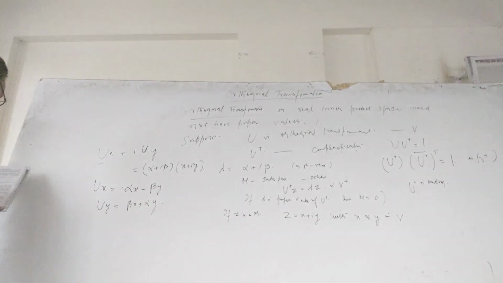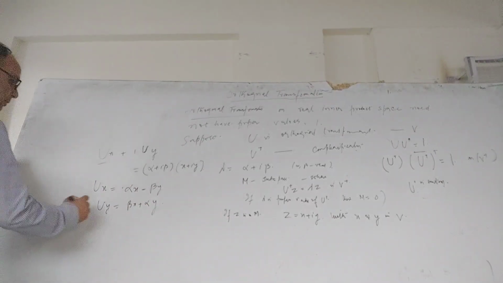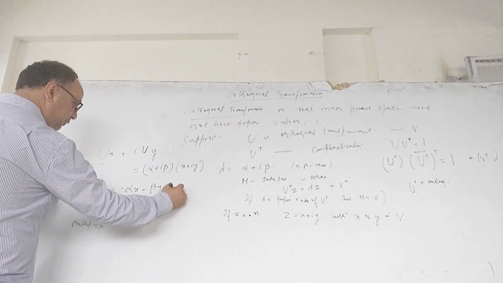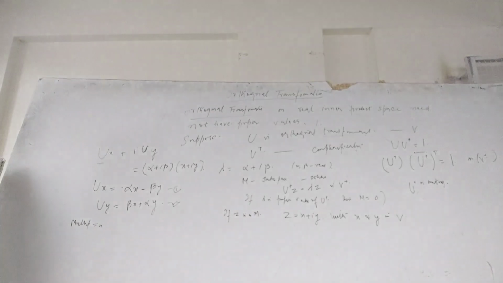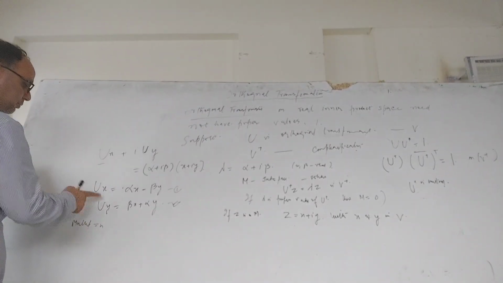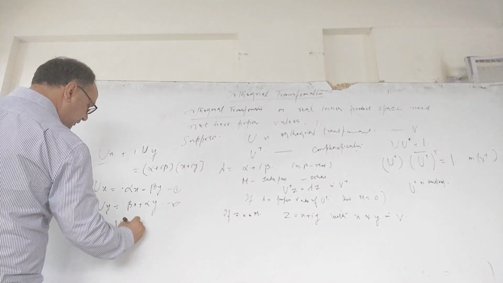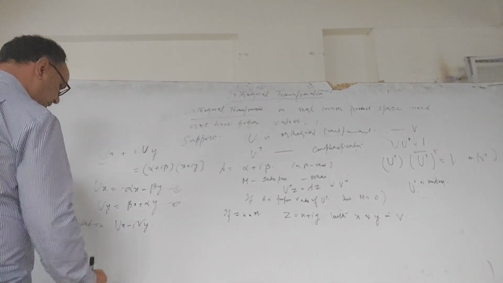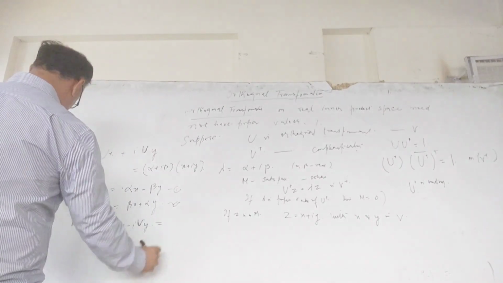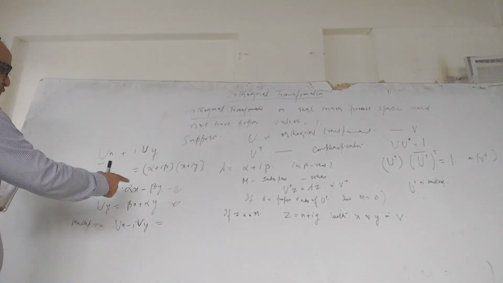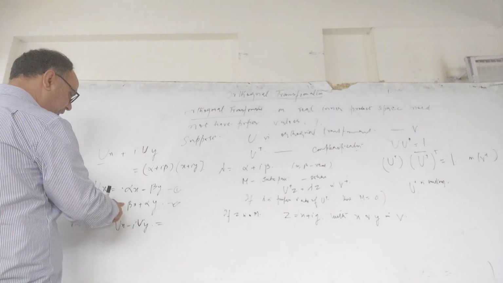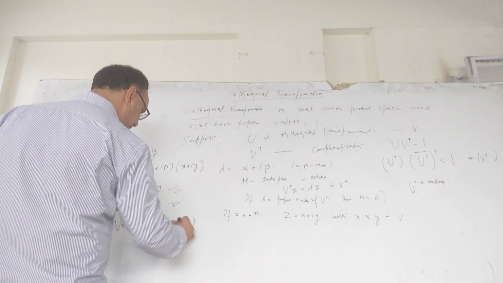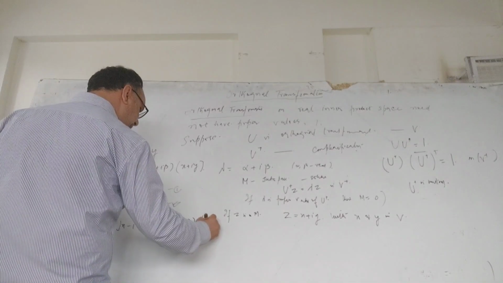Now multiply equation 2 by iota and subtract it from equation 1. You will have Ux minus iota Uy, which, if you simplify, can be written as alpha minus iota beta times x minus iota y.